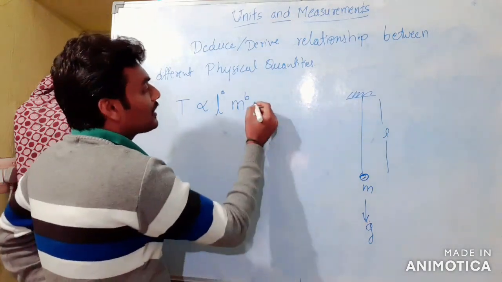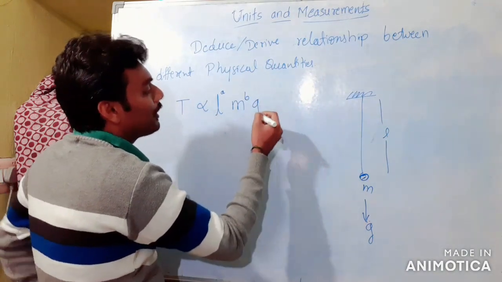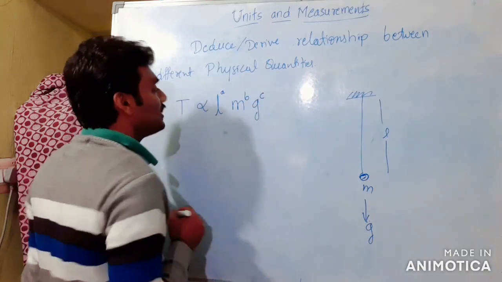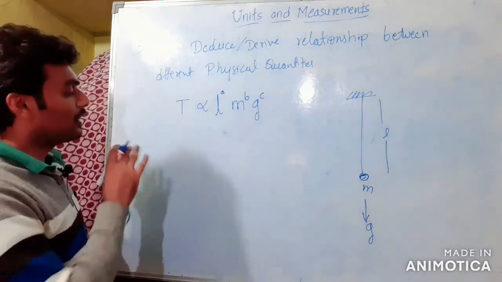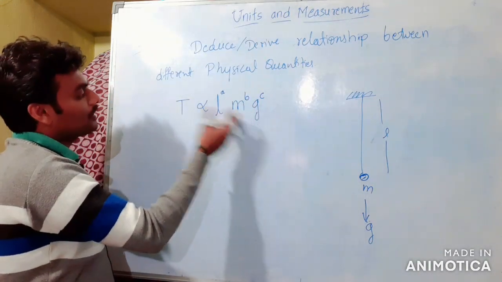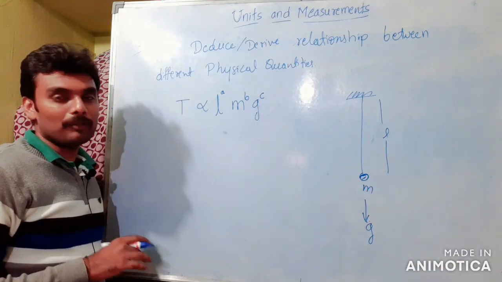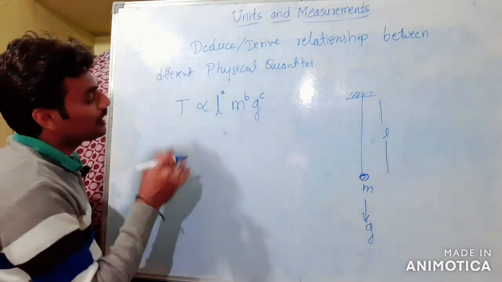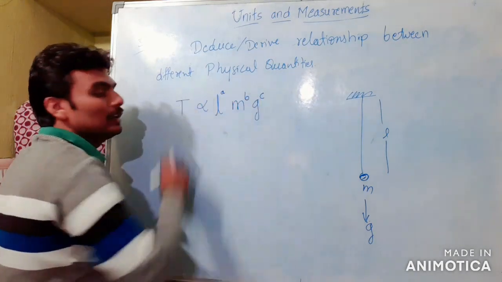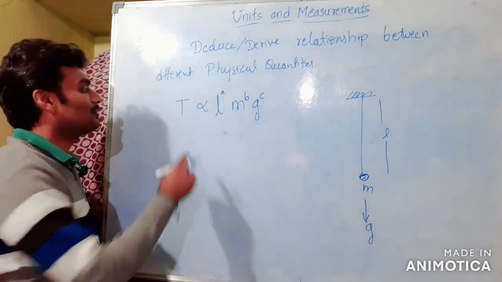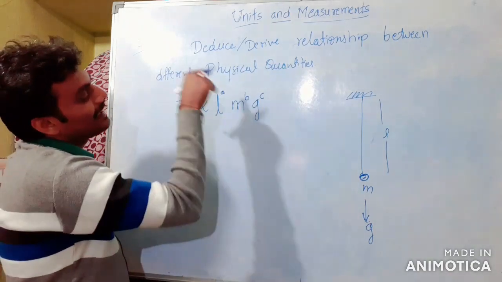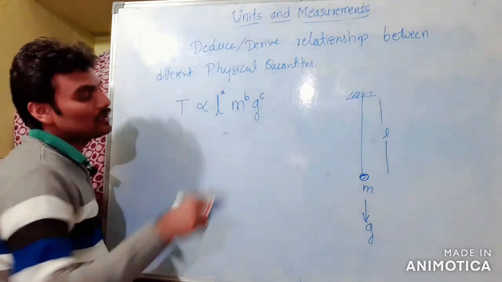I also think that it can be dependent on g, so I'll take g to the power of some c. These are the factors which decide the value of time period. So now my intention would be to get the values of a, b, c, and hence I can get the relation of how t is dependent on L, M and g.